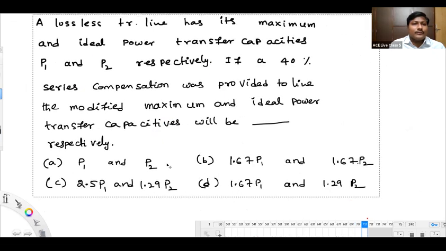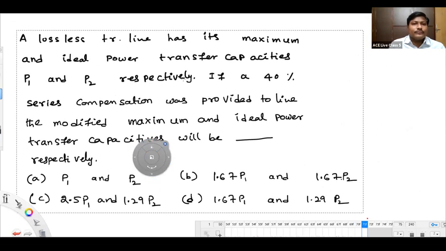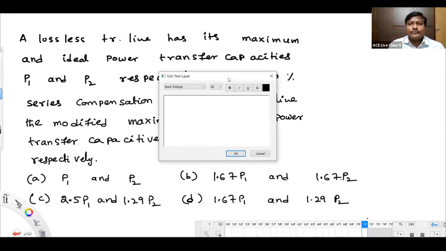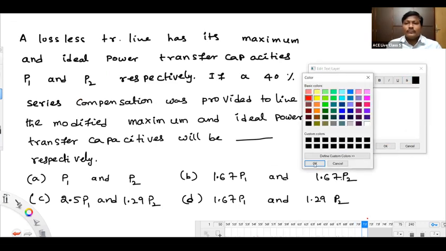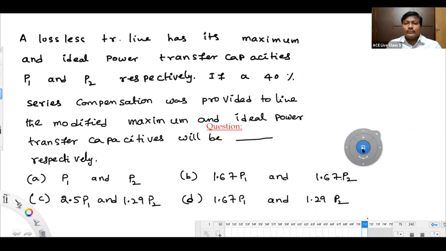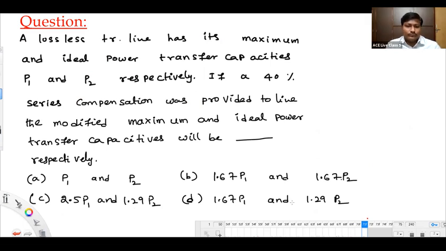So you go through this one. Still we are using the series capacitor by going for some sort of control.